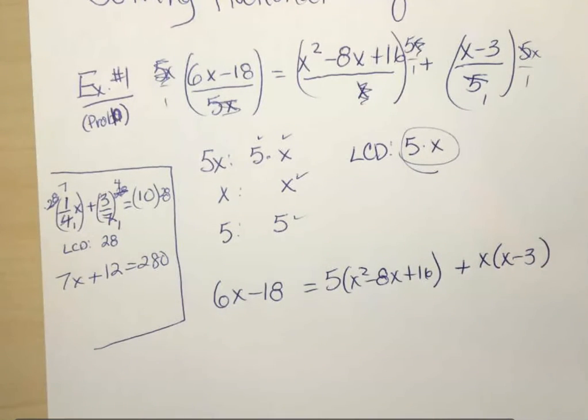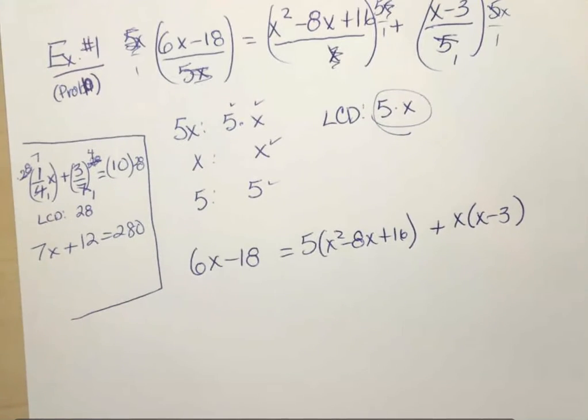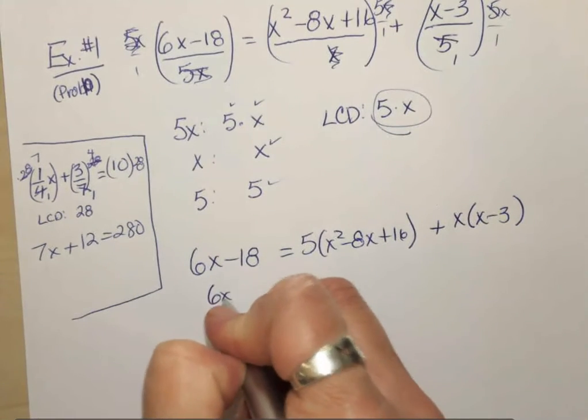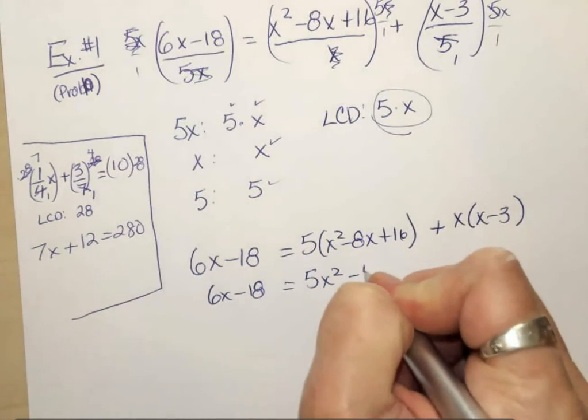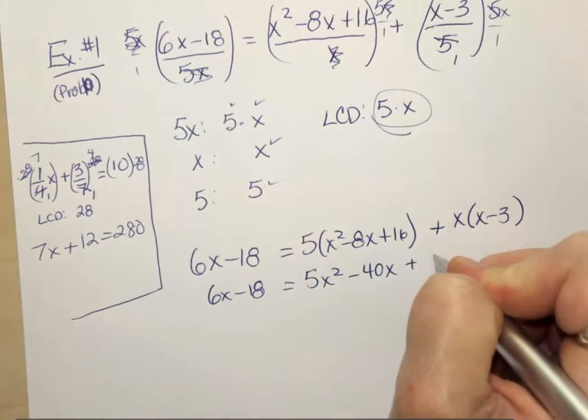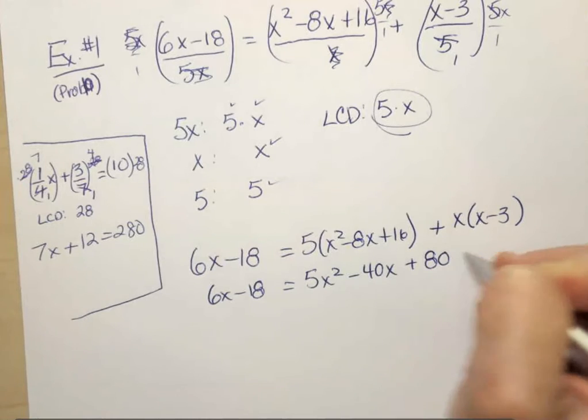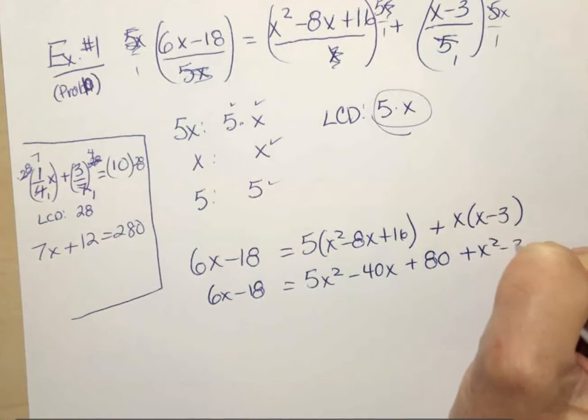Now, at this point, we're going to simplify this, and most likely we are going to need to factor it again, or use the quadratic formula. So we have 6x minus 18 equals 5x squared minus 40x plus 80 plus x squared minus 3x.